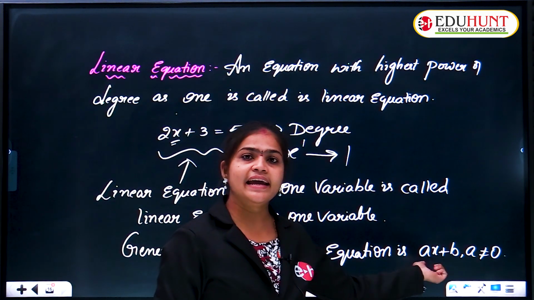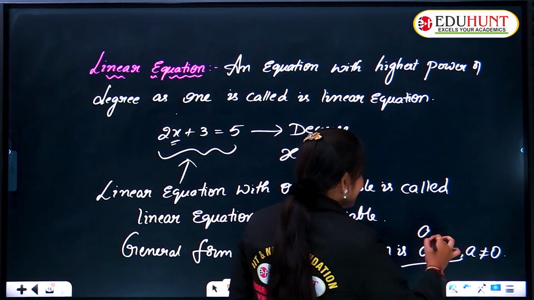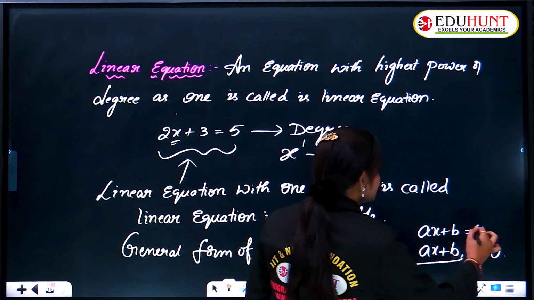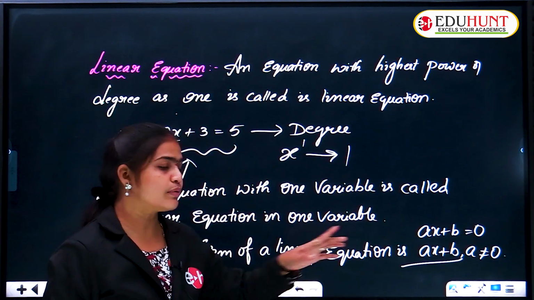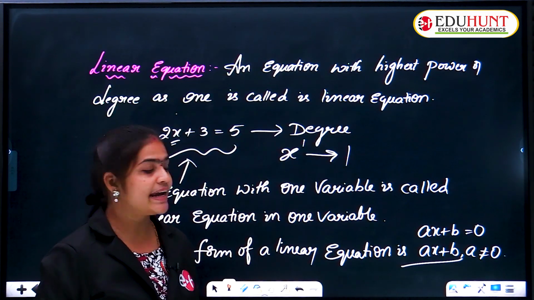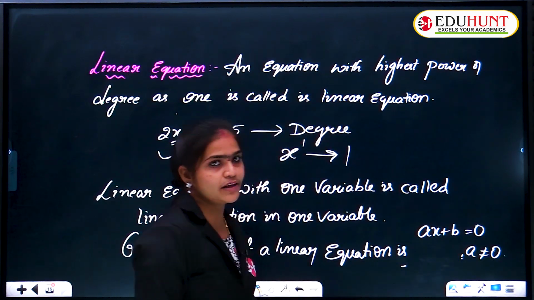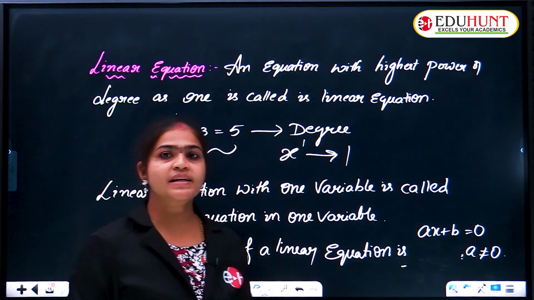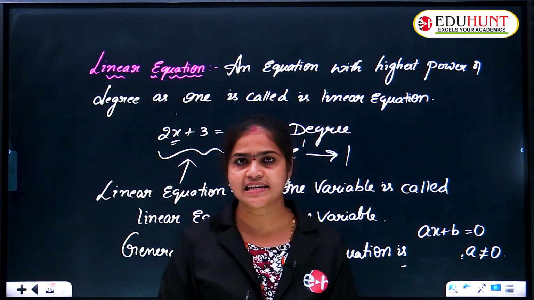Then ax plus b is the linear expression, and ax plus b is equal to 0 is the general form of a linear equation. A linear polynomial means ax plus b is the general form.